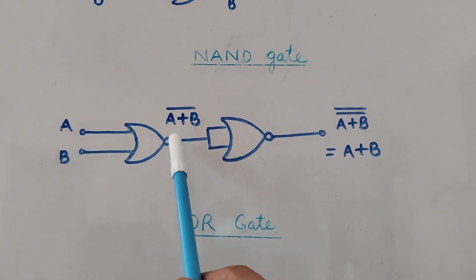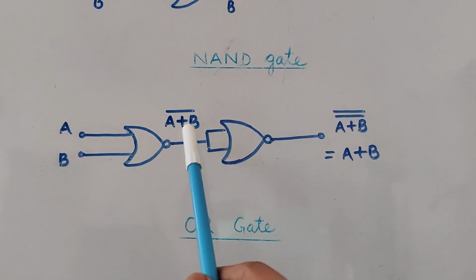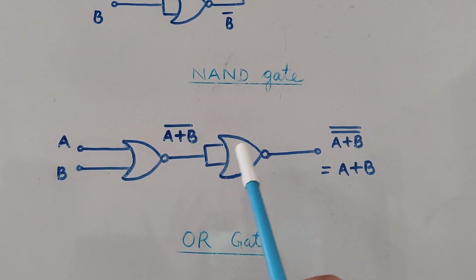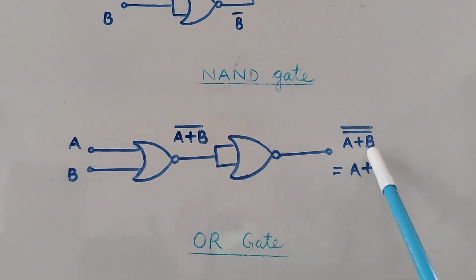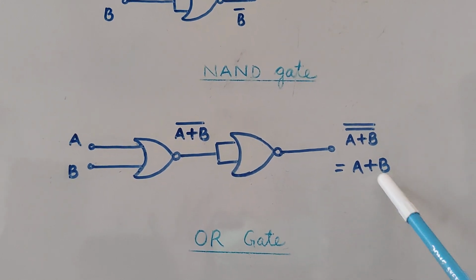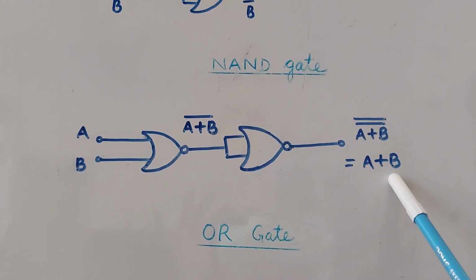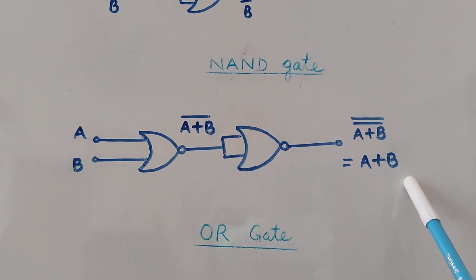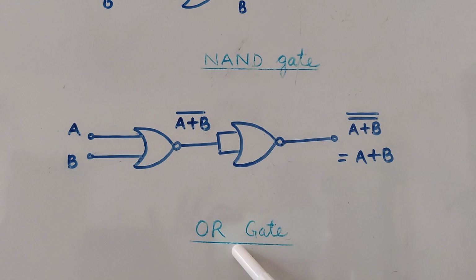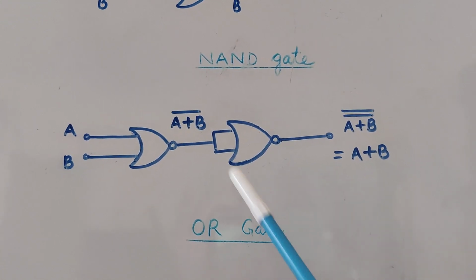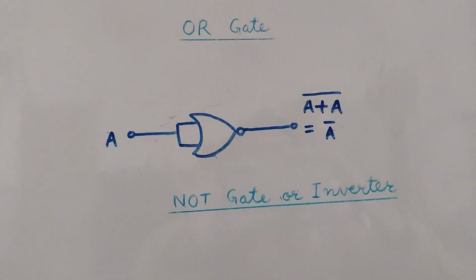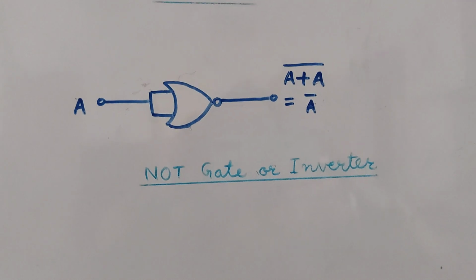So the first NOR gate will give the output as (A plus B) complement, and when this output is given to both the inputs of the second NOR gate, then the output of this NOR gate will be equal to the double complement of A plus B, which comes out to be A plus B. And from this output we find that this is the sum of the inputs, so this represents an OR gate. So in order to implement an OR gate, we need a minimum of 2 NOR gates.